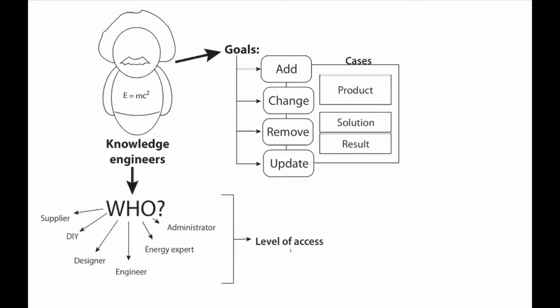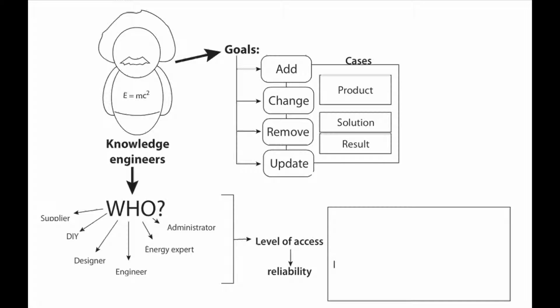Meanwhile, we should also consider what rights they have to add changes in the database in order to assure the reliability of the data. Our suggestion is that this reliability problem can be solved by using different levels of access, having a low-level open access platform and a higher-level platform focusing on professional users.